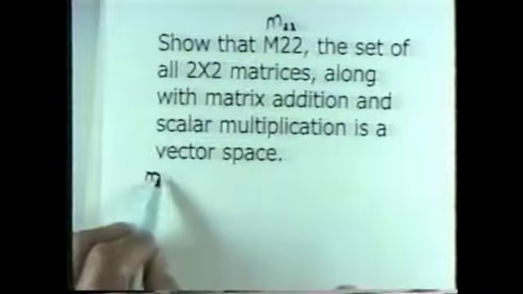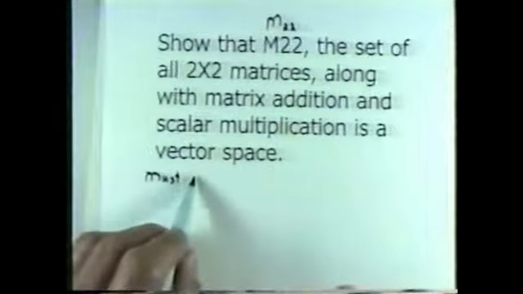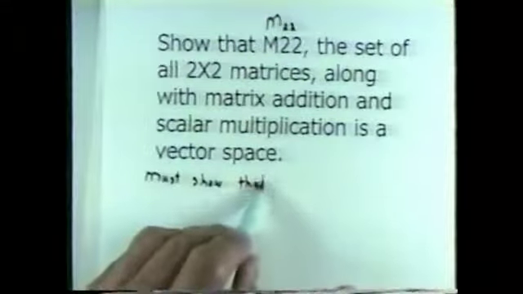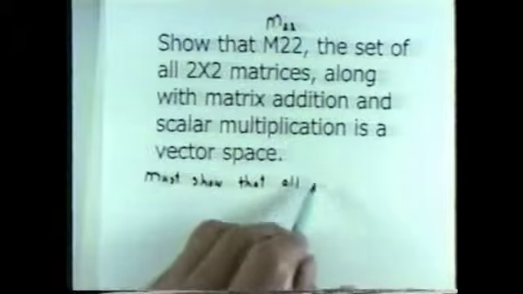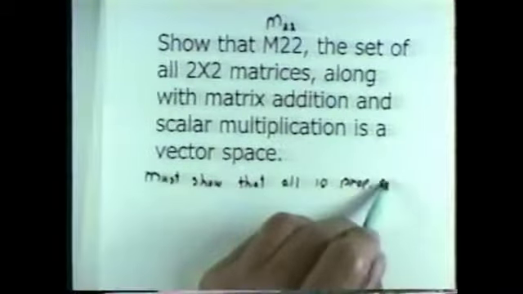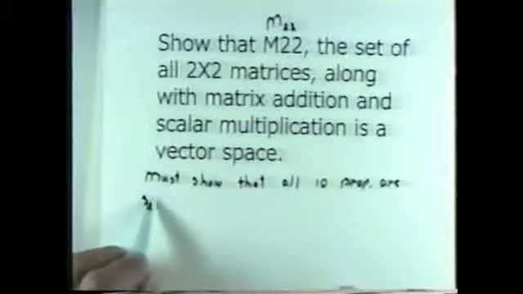Well, we must show that all 10 properties are satisfied.